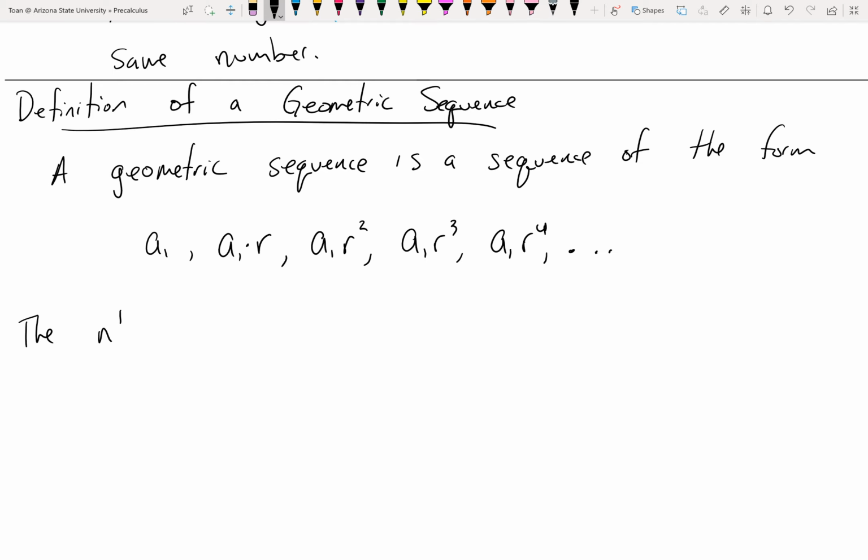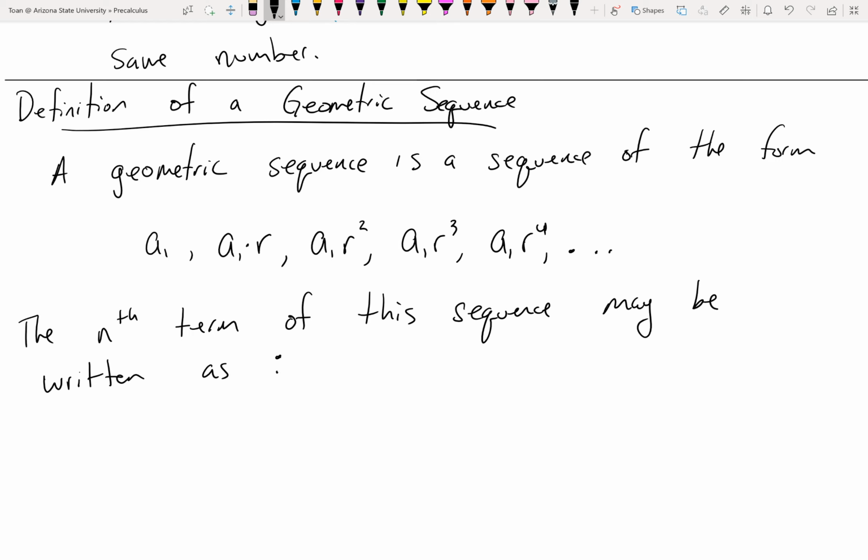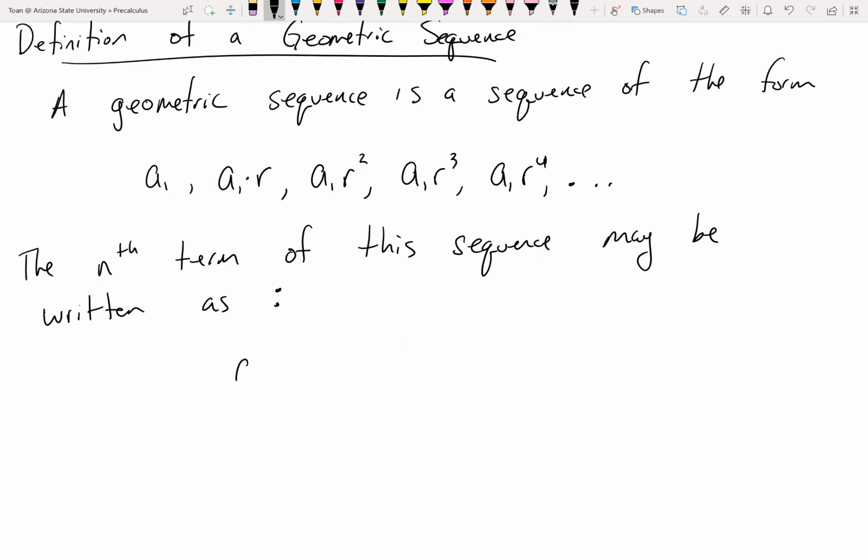The idea is that the nth term of the sequence, that is to say the formula, may be written as, so here's the formula for a geometric sequence: a sub n is equal to a sub 1 times r to the n minus 1.